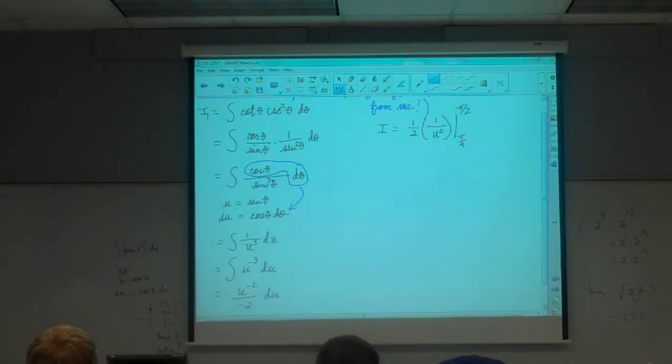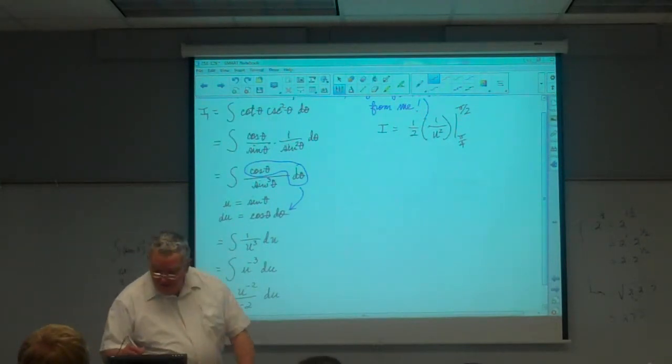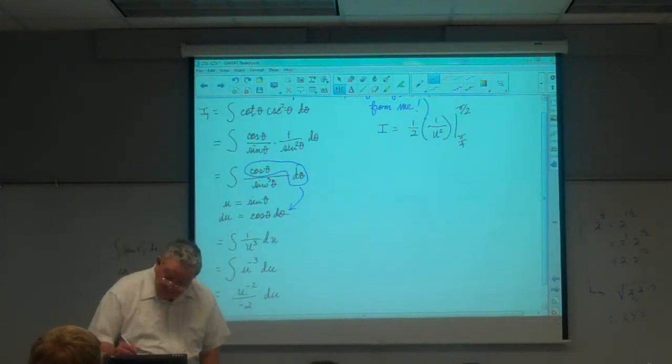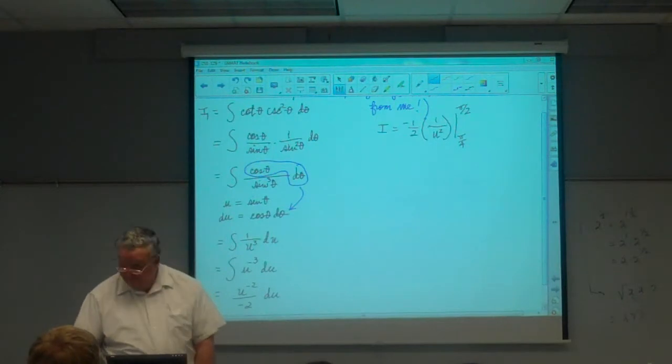Am I not doing it the same way I did before? But I'm just dealing with sine and cosine, which most of you, like Dr. Thomas and myself, would rather deal with. But I'd better get the right answer. Or not the right answer, the same answer. I guess they're both, that would make the right answer. Is it supposed to be a negative? Negative 1/2? Yes? Thank you, William.